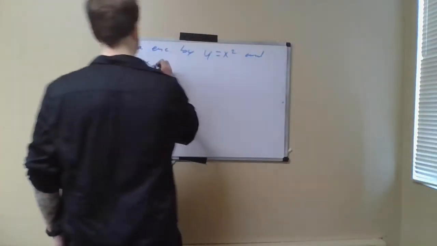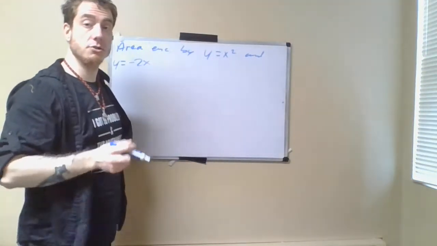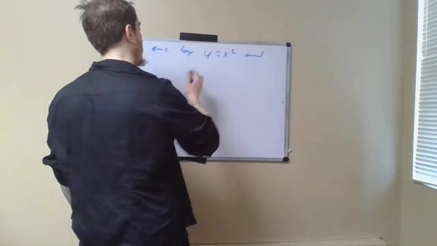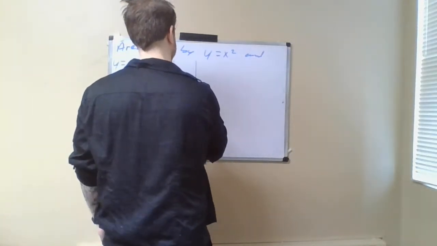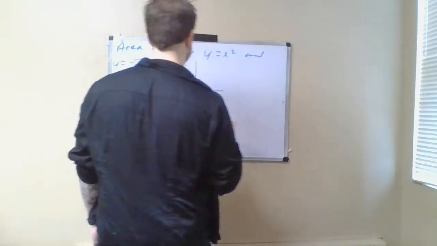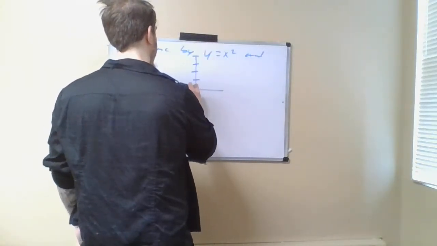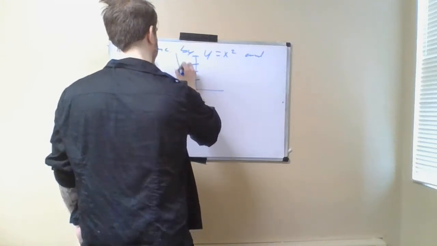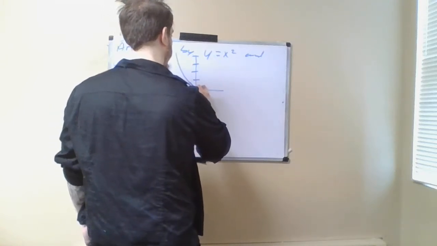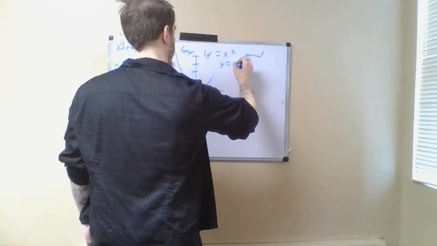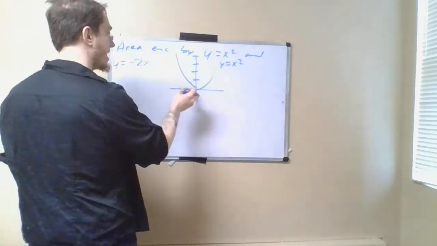Okay, so hopefully what you did was you started by getting a graphing sense of what's going on with these functions. It's not essential, but it's usually a good idea to do this. So we have our parabola, y equals x squared, and then we have our -2x.